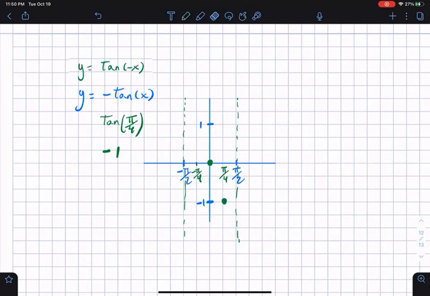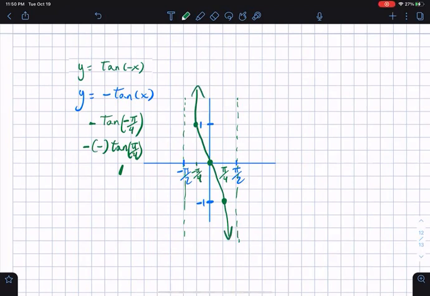And if you do tangent negative pi over 4, you have the negative outside, and tangent is odd, so negative times negative is tangent pi over 4. Tangent pi over 4 is 1, and negative makes a positive, so that's going to be 1. So that's here. So this is your graph.